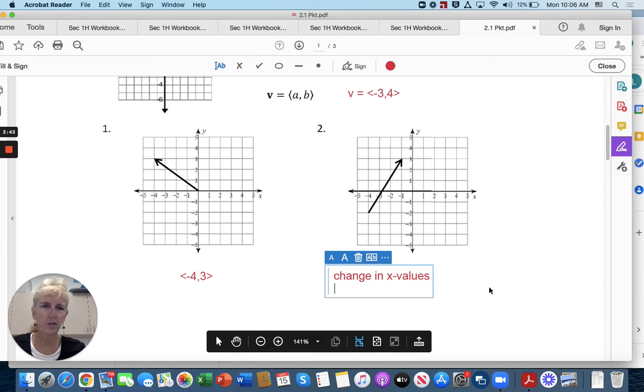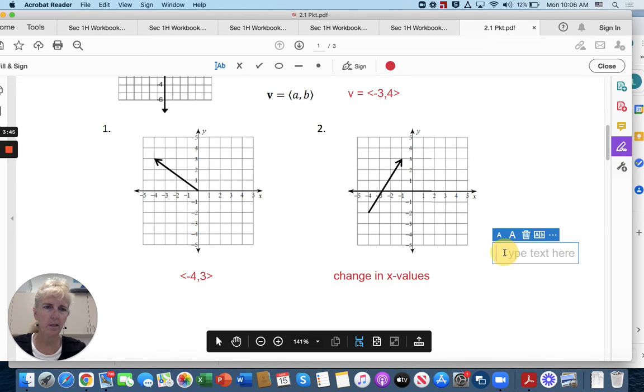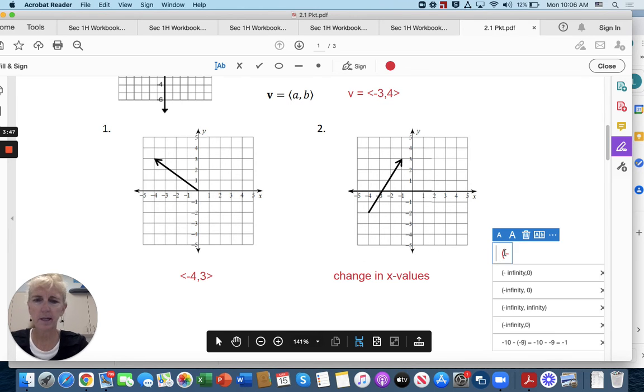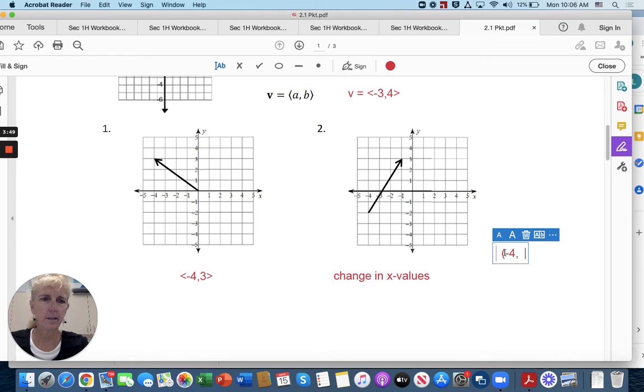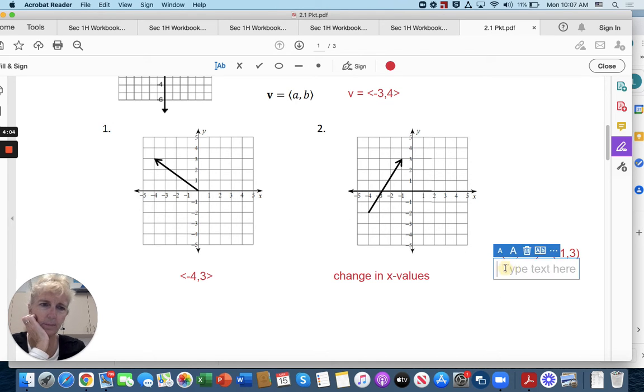So our first one would be -4, -2, and then our next one is at -1, 3. Okay, so there's our 2 points. So here's the beginning. This one is our x1, y1, and this is our x2, y2.